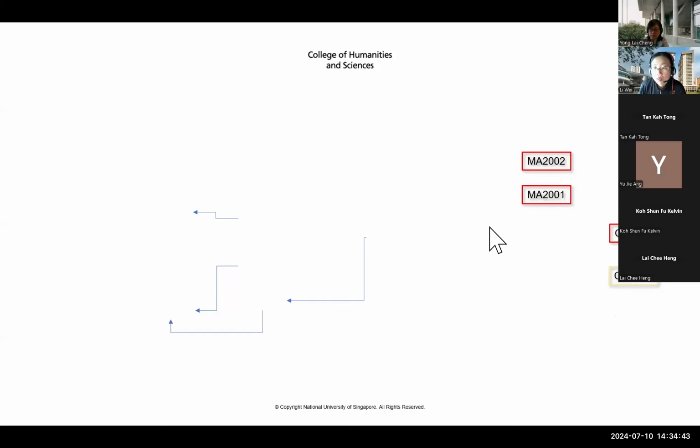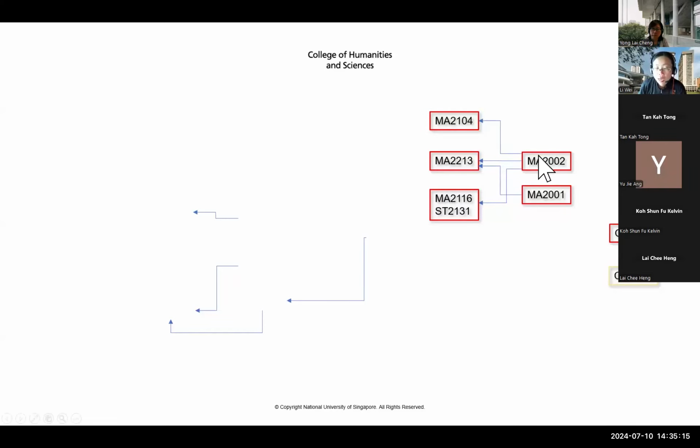After the calculus, you can read MA 2116 or ST 2131. And after MA 2001 and MA 2002, you can read MA 2216. So these two serve as prerequisites of MA 2213. So you have to follow the order.